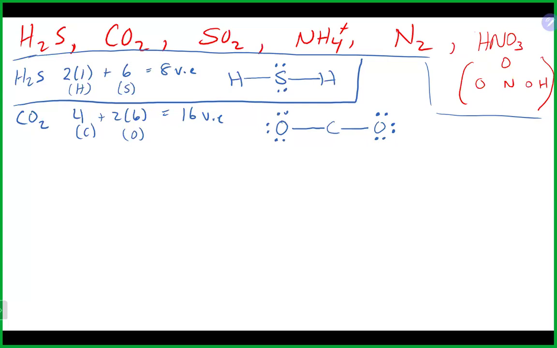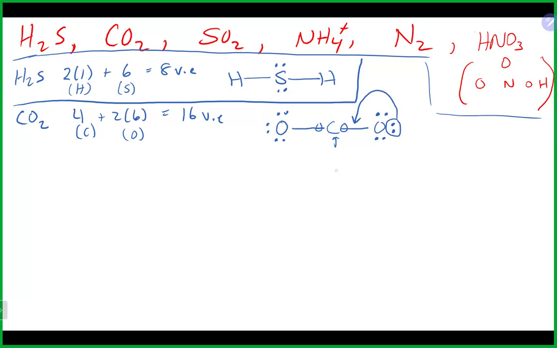Our carbon in the center is well short. It has only 2 and 4 electrons. All the oxygens are okay. So this is a situation, once again, where we're going to try to fix this by making a double bond. We're going to grab either side, since they're both the same oxygen, grab a pair of electrons and bring them in to do the double bond.